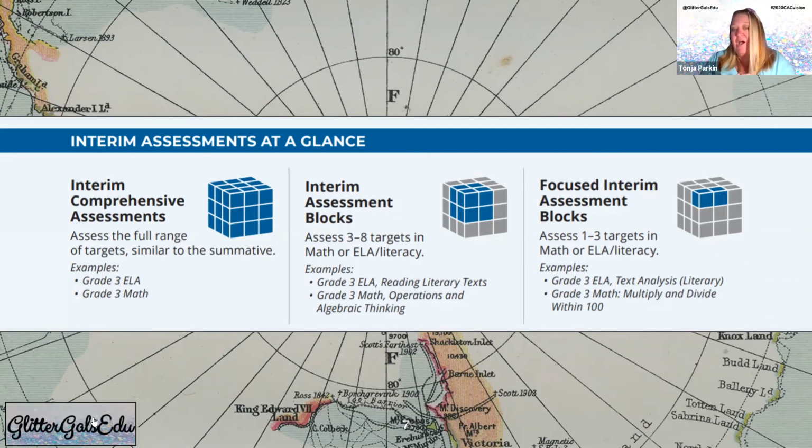And now we can really give an assessment with 10 to 12 to 15 questions that are intentionally honed in on those standards or those targets that we've taught, in the specific multiply and divide within 100, for example. So now your whole assessment is going to be assessing their understanding in that domain or that target.